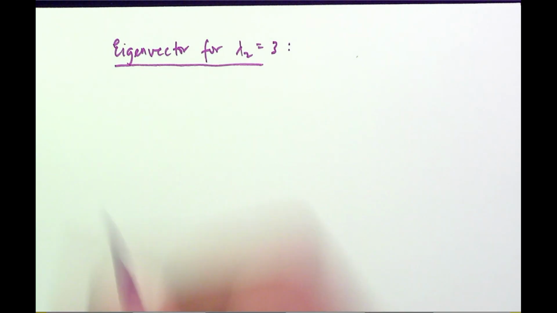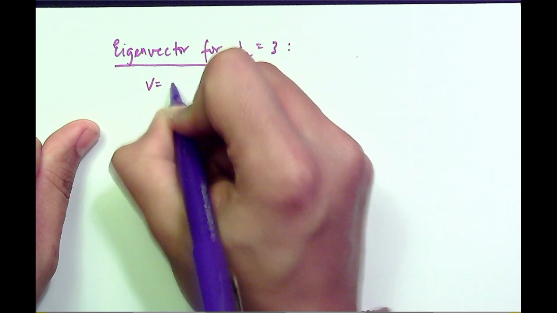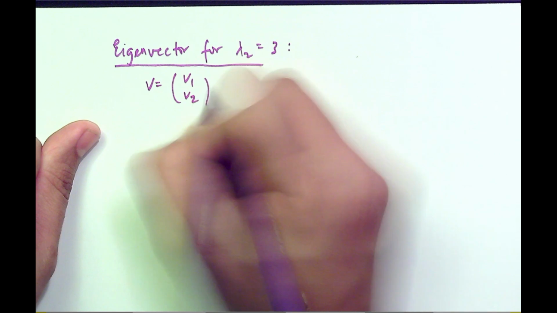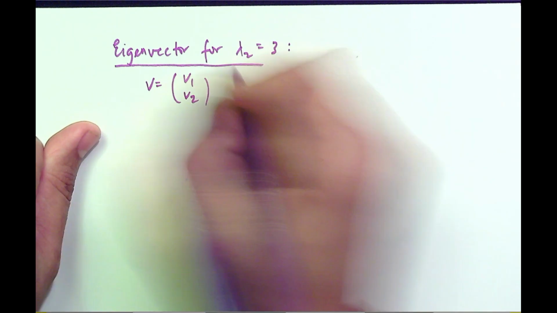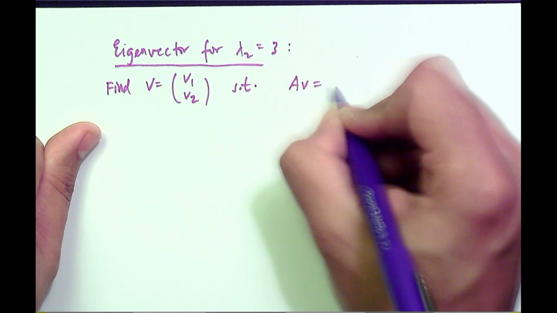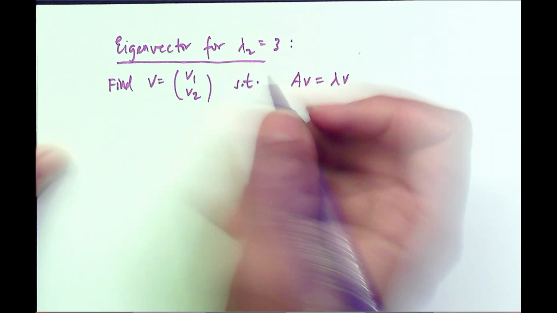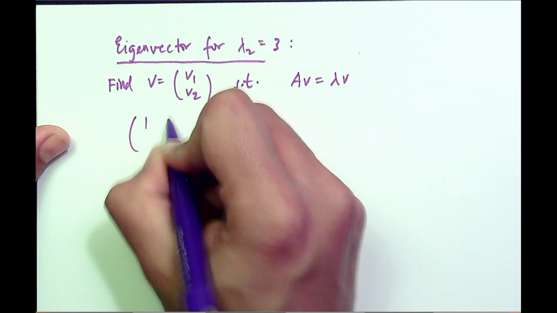As before, letting V equals V1, V2, we're going to find V such that AV equals lambda V. Okay, so the matrix was 1, 1, 4, 1.